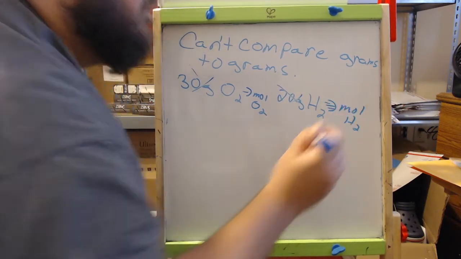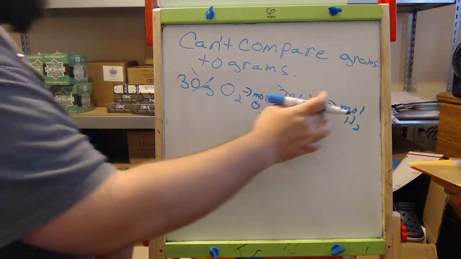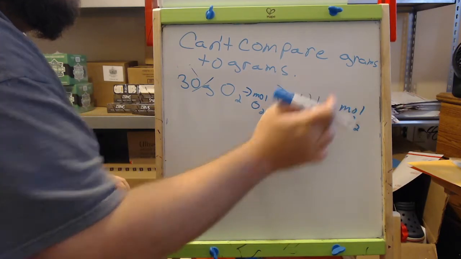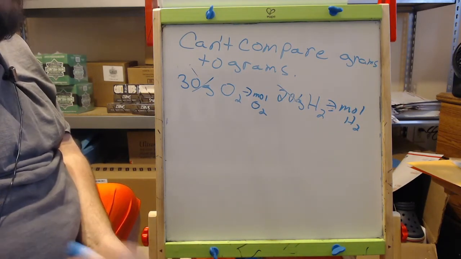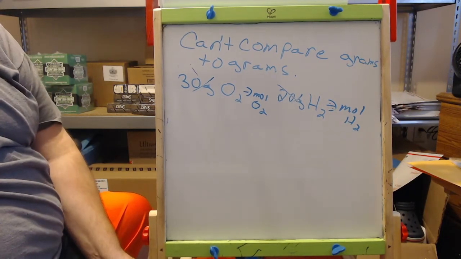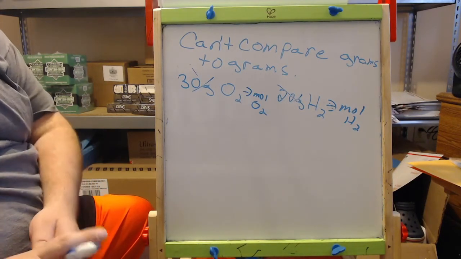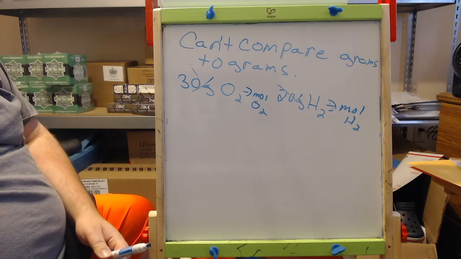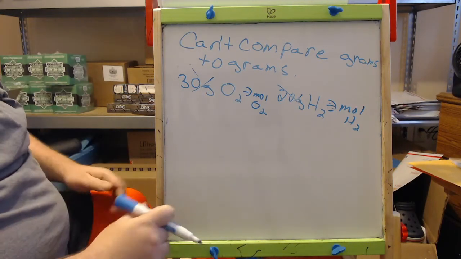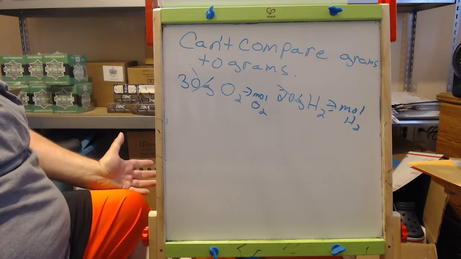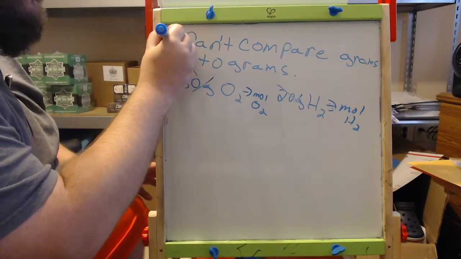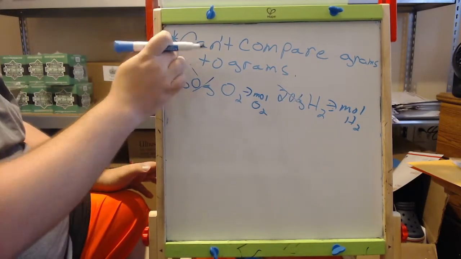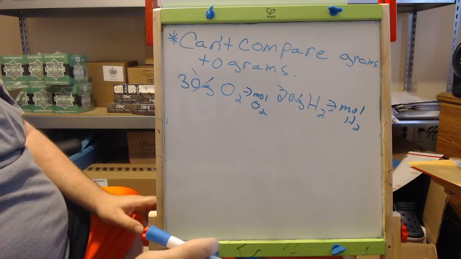It's a terrible looking arrow, but that's what I have to do. I can't look at grams of something and grams of something else and compare them. I have to compare moles. So if there's one thing you take away from today, it's this up here. I can't compare grams to grams.